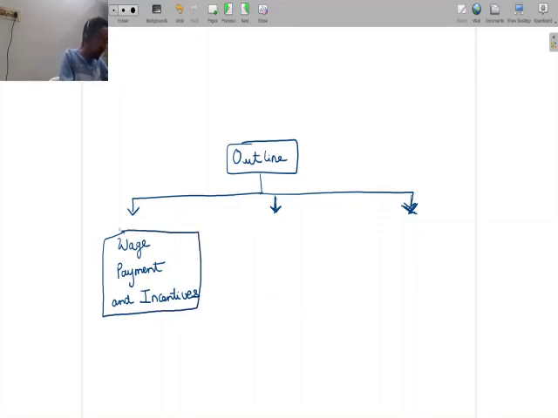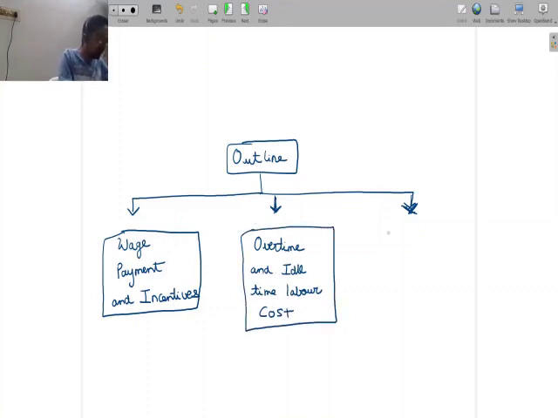Then the second part is going to be called as overtime and idle time labor cost. So this is the second topic.